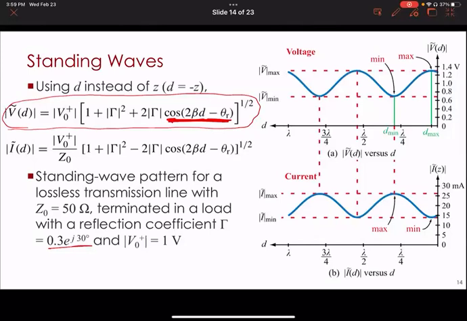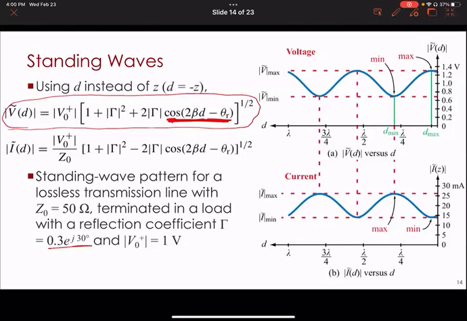So what did we just calculate? If you look at this equation, we assume for now that the V0 plus is fixed. And our gamma, think about what gamma equals, ZL minus Z naught over ZL plus Z naught. We're assuming we're not changing the ZL as the circuit's running. And Z naught is the transmission line.